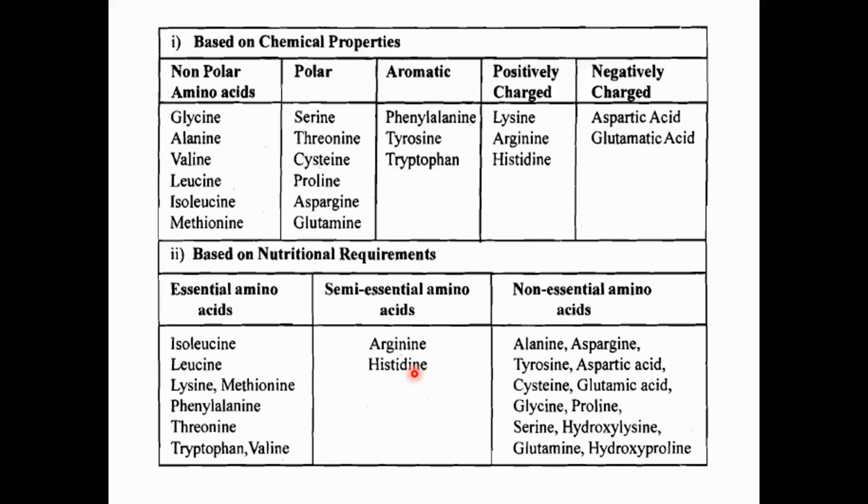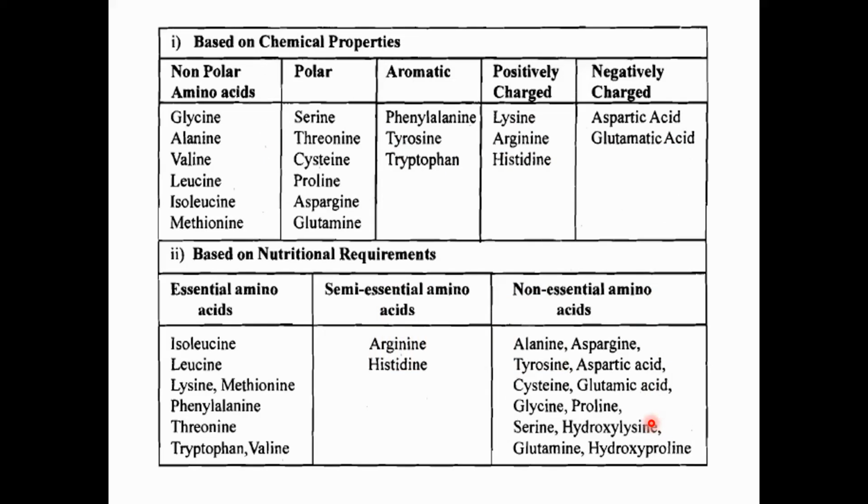Although they can be present in the food, they are already synthesized in our body, and we are okay with them. These are alanine, asparagine, tyrosine, aspartic acid, cysteine, glutamic acid, glycine, proline, serine, hydroxylysine, which I think is a modified amino acid, glutamine, and hydroxyproline. Hydroxylysine and hydroxyproline are modified amino acids.